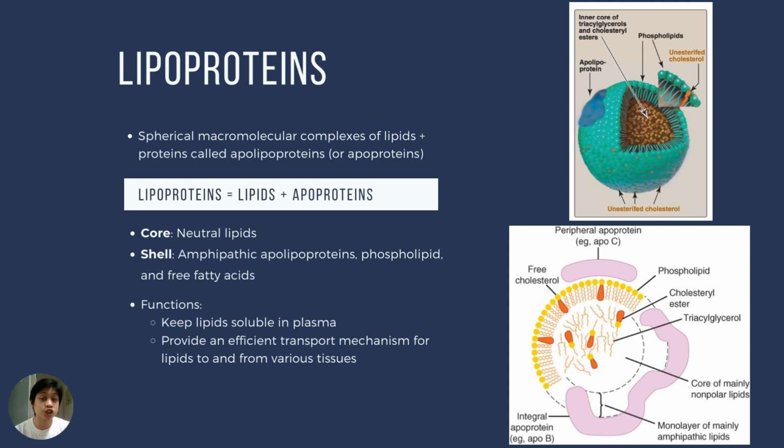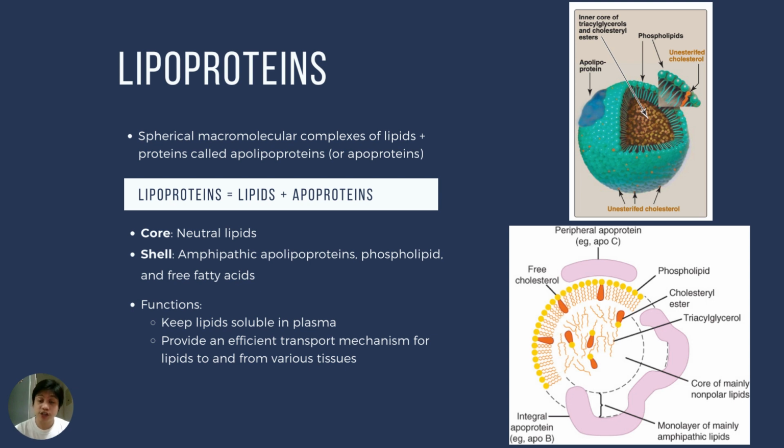And at the shell of the lipoprotein, or the periphery, we find some unesterified cholesterol, because we have a hydroxyl group in cholesterol and that can be polar. We have phospholipids, which have polar components, and apolipoproteins, which are made up of amino acids, and these are also polar.